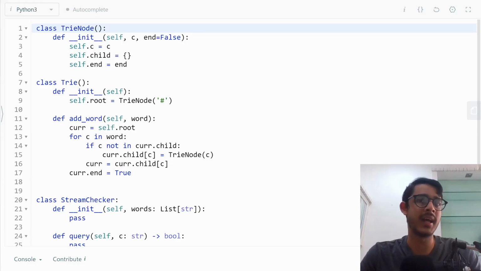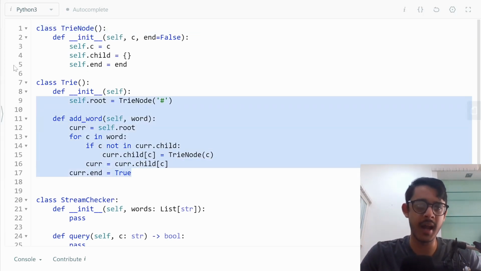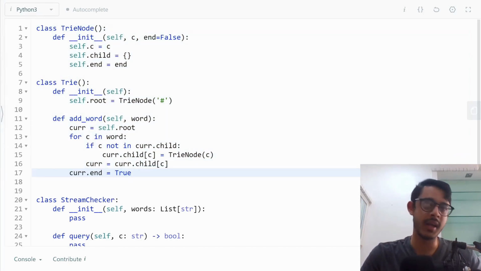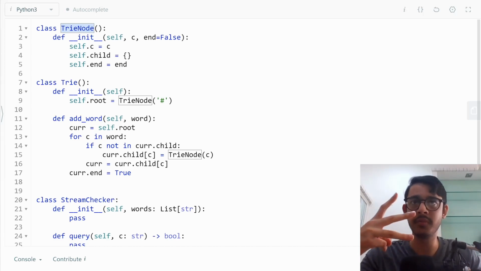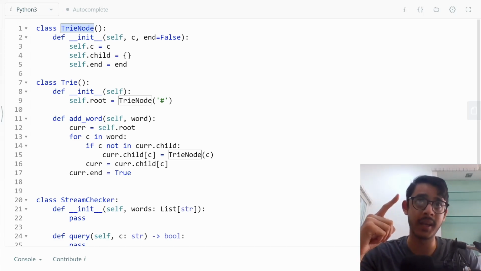For the sake of my time and yours, I'm not going to implement and write down the entire trie data structure from scratch. However, I have written it down already over here, and I can walk you through what's happening. Since we want to implement this data structure, we want to implement a single node inside of it. So what is it going to look like? We have three key pieces of information. What is the current character we are looking at?